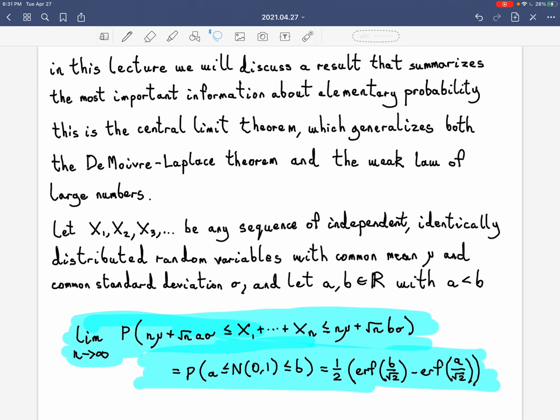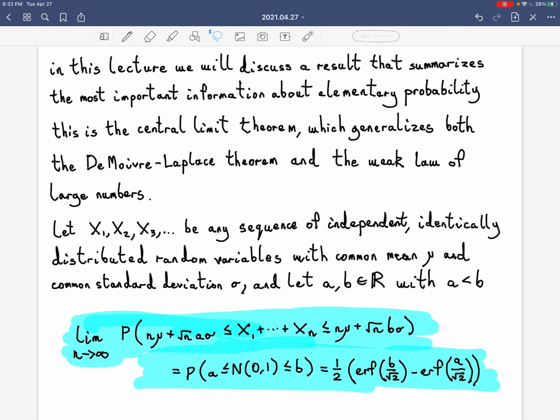So, we had the de Moivre-Laplace theorem, which told us how to use the normal distribution to approximate the long-term behavior of coin flipping games. And we had the weak law of large numbers, which told us the fact that deviation from the mean in a sample average becomes increasingly unlikely with time.